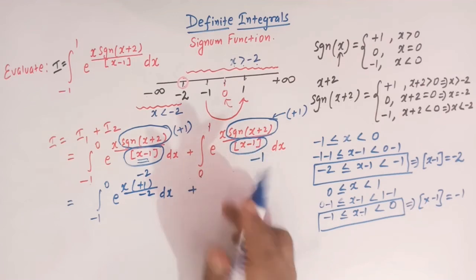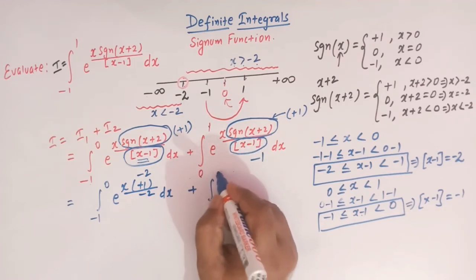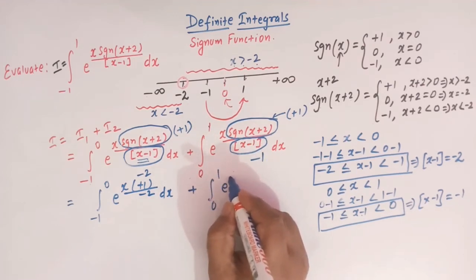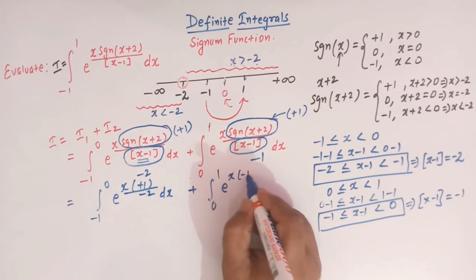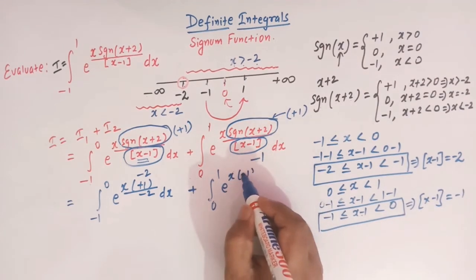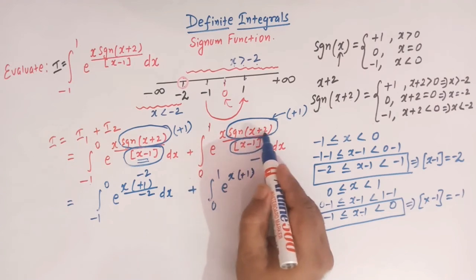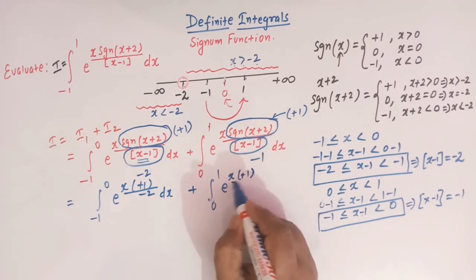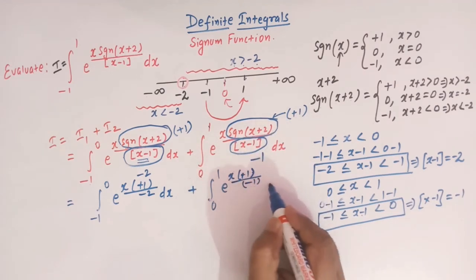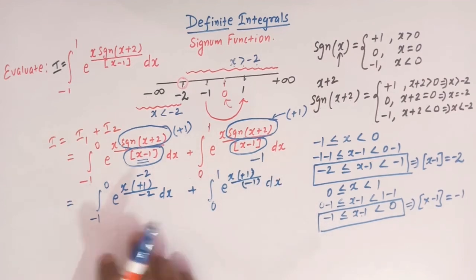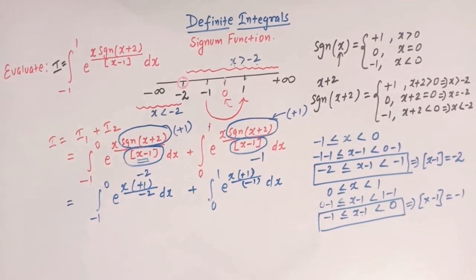And in the second integral we have 0 to 1, e raised to x, here we'll have plus 1, signum of x plus 2 is plus 1, and divided by minus 1, right? So now we have these two integrals.